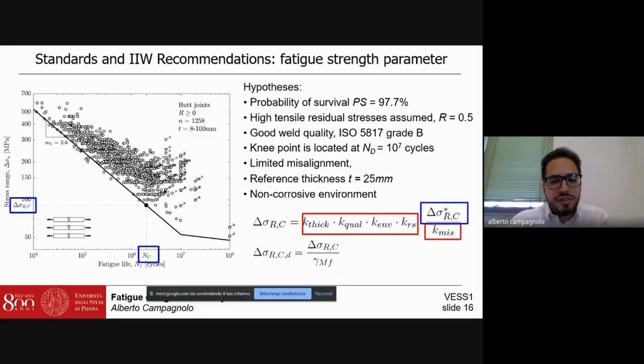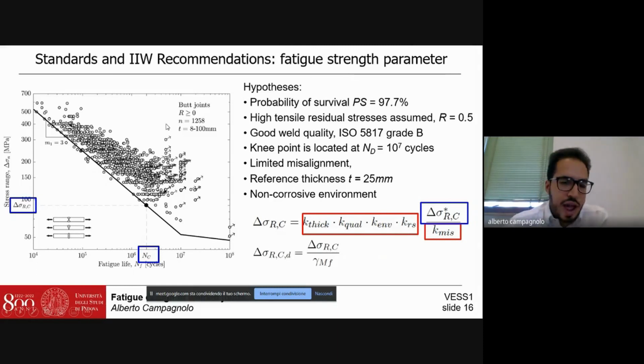After having introduced the loading and damage parameter, we have to speak about the second parameter, since when performing a fatigue strength assessment, we always have to compare loading parameters with the fatigue strength parameters of the material. So after having introduced the loading parameter, we have to speak about the fatigue strength parameter.